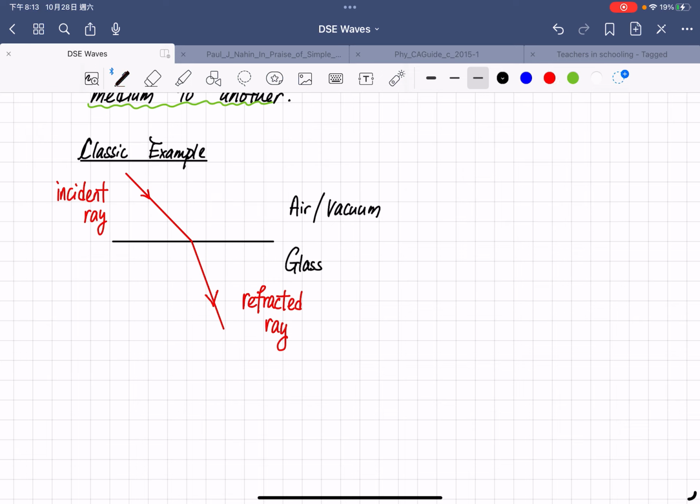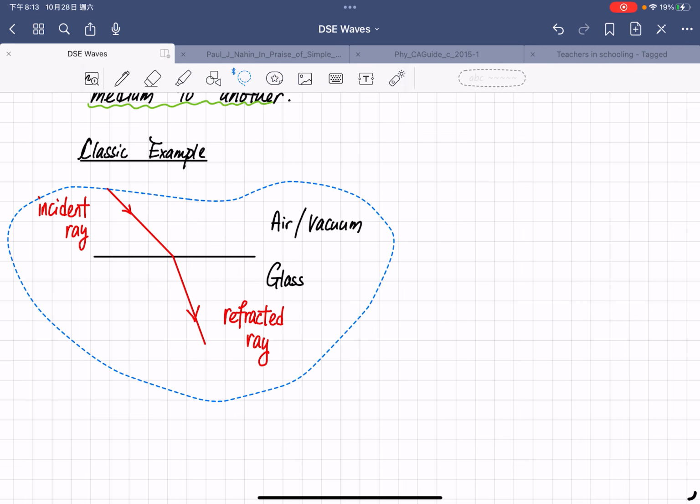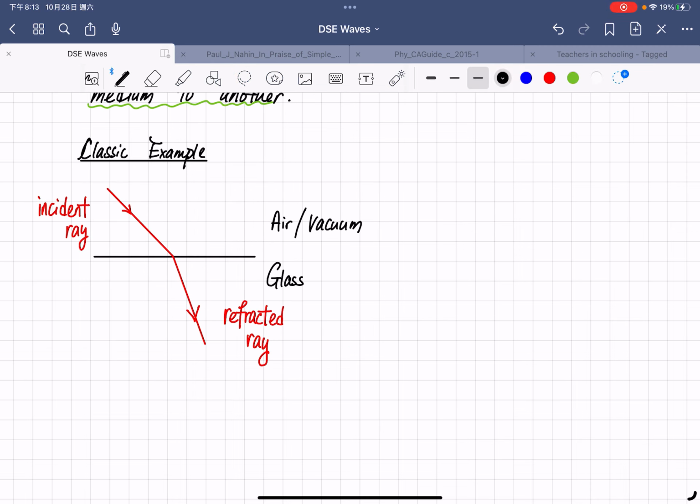Similarly, you may not need to use light waves to study refraction. You can also study refraction using water waves. Let's say I have two regions. One region is a deep water region, and another region is the shallow water region.